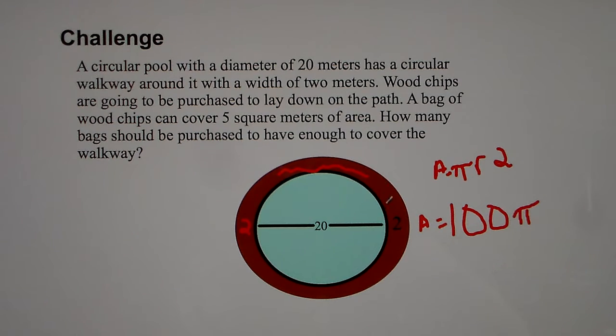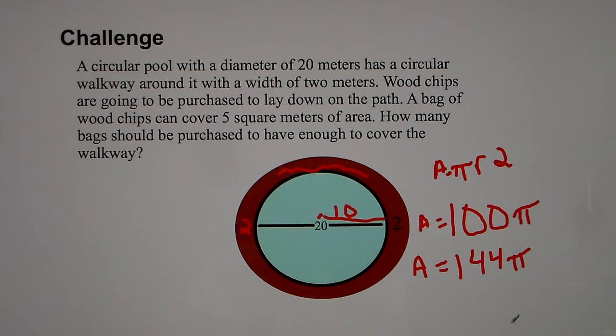To find the area of the red, we add an extra 2 meters to the radius. So 10, because remember the radius is 10 from the center of the circle to the side. We add an extra 2. That makes it 12. 12 squared is 144 pi. So the area of the red circle is 144 pi.